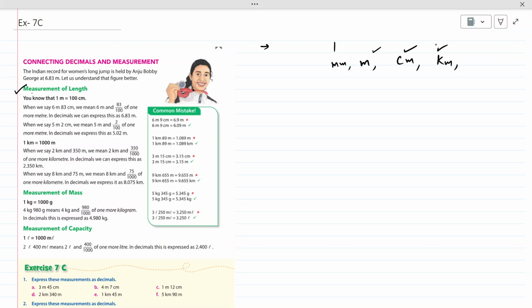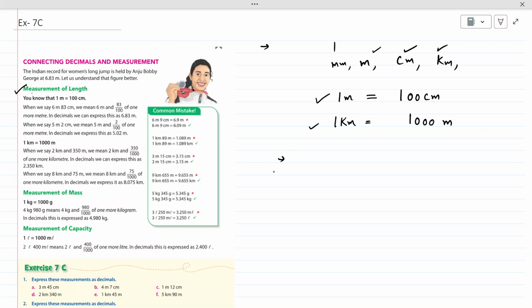So let us first understand the formulas. We know that 1 meter is equal to 100 centimeters. Okay, and 1 kilometer is equivalent to 1000 meters. These are two unit conversions which we have learned for the measurement of length.